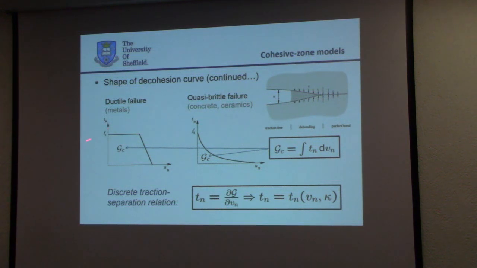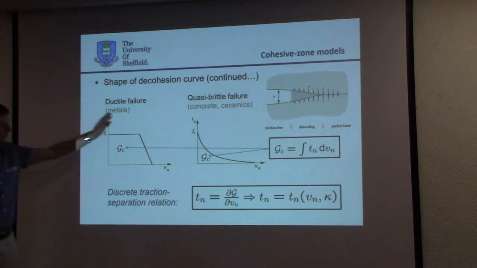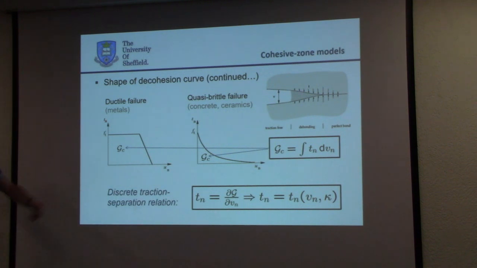This is much less the case when you're having ductile failure. So elastic plastic fracture in metals is typically having the curve which remains at the tensile strength for a while and then only drops. This is a curve that has been used quite often, for instance, by Viggo Tvergaard, by Alan Needleman, John Hutchinson, and this is quite commonly accepted.